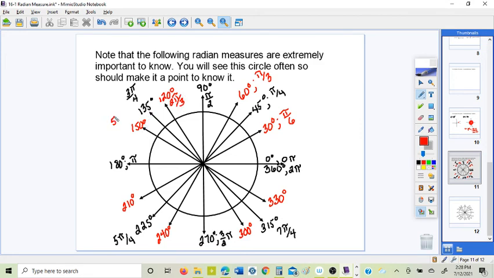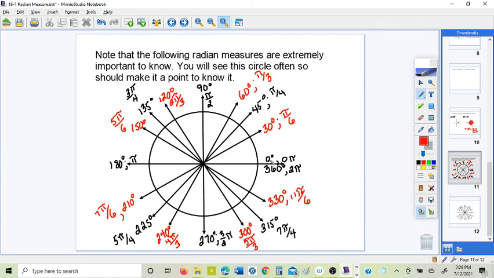And here we have 5 pi over 6, 6 pi over 6, which gives us pi, 7 pi over 6, 8 pi over 6, which reduces to 4 pi over 3, 9 pi over 6, which reduces to 3 halves, 10 pi over 6, which is 5 pi over 3, 11 pi over 6, and finally 12 pi over 6, which is really just 2 pi.